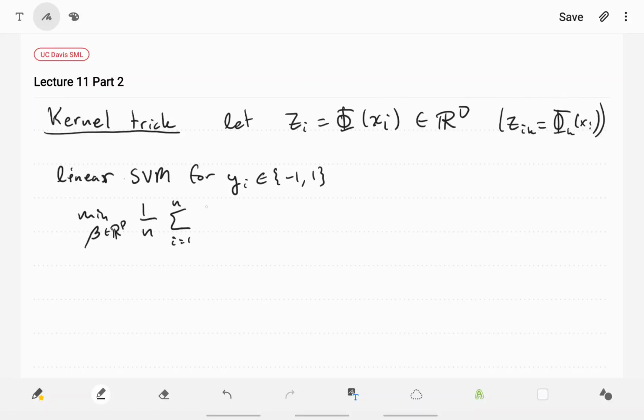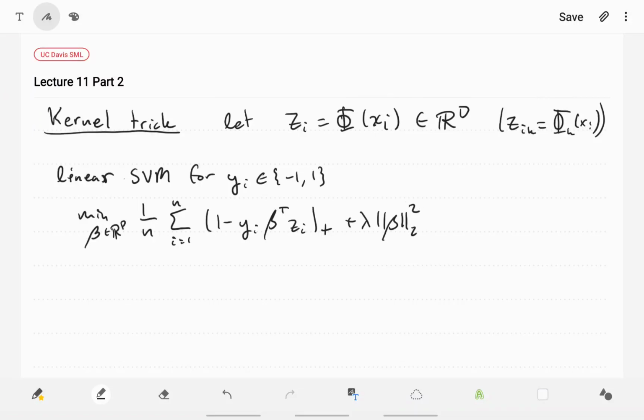So this is the sum, i going from 1 to n, of 1 minus yi times beta transpose zi, the positive part, this is the hinge loss, plus our lambda times beta 2 norm squared.